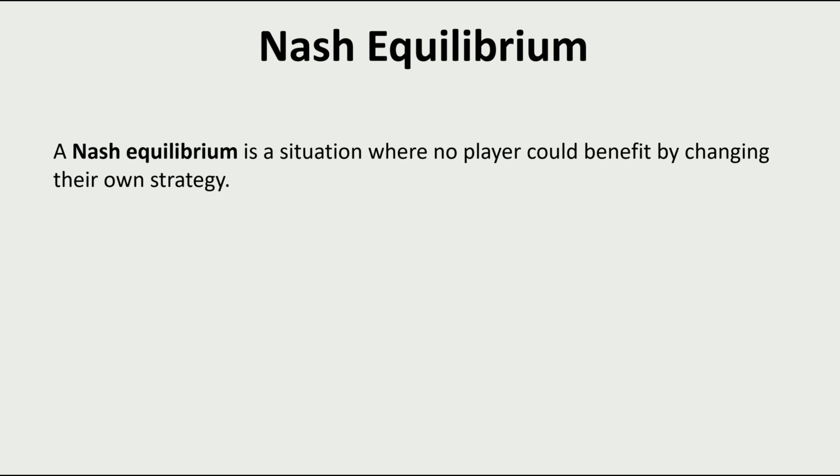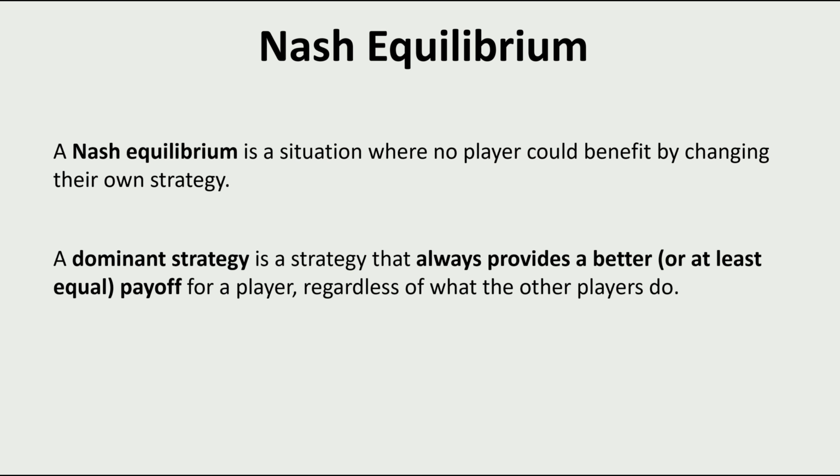In other words, each player's strategy is optimal when considering the decisions of the other players. A dominant strategy is a strategy that always provides a better or at least equal payoff for a player regardless of what the other players do.